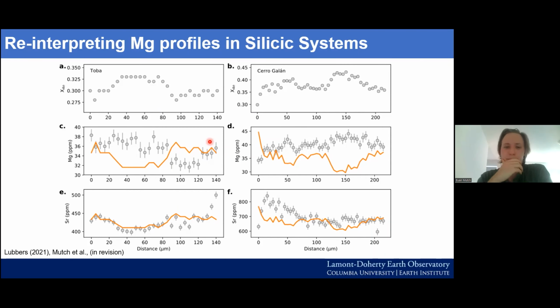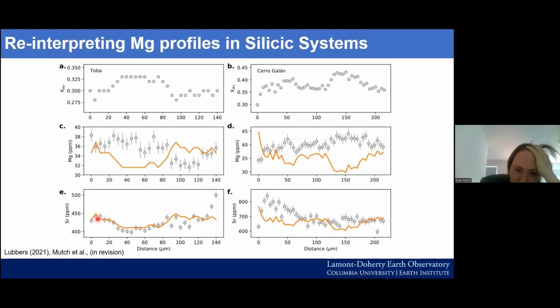And so this may be particularly true for silicic systems, where we see this complete change in sign in the partitioning relationship that people have traditionally used. And so here are some examples that a student from Oregon State, Jordan Lubbers, was looking at. So he was looking at some plag crystals from Toba and Cerro Galán, and he found some quite confusing features, I guess.